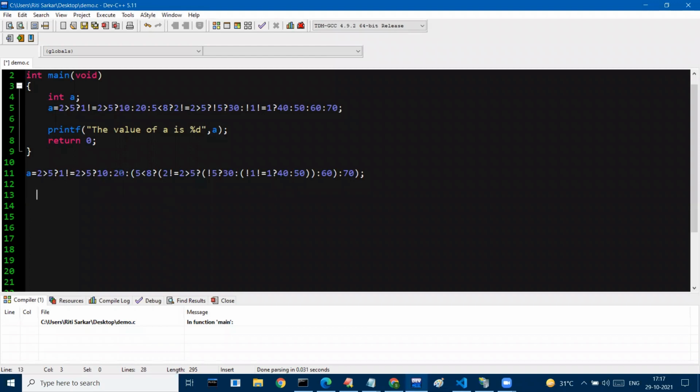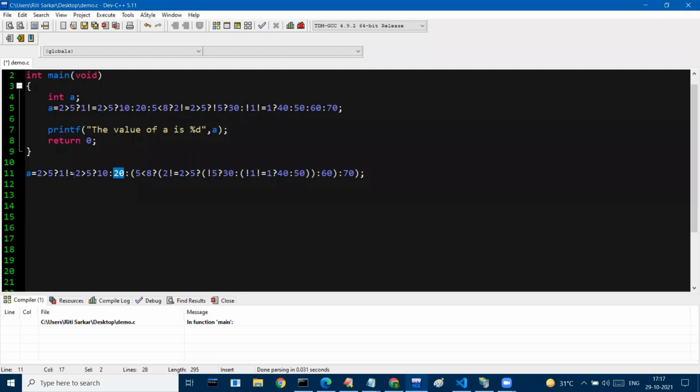Now we are left with how many asking signs? 1 asking sign, 2 asking sign, and we are left with 2 colon. For this asking sign, what is the expression 1? Up to this will be the expression 1. This is the expression 2 and this is the expression 3.